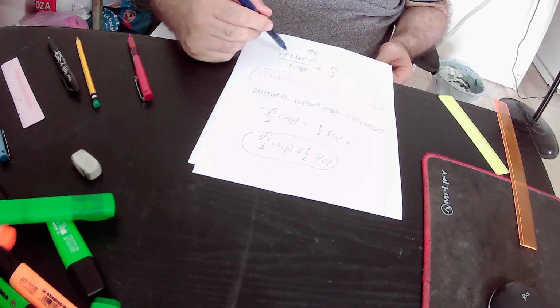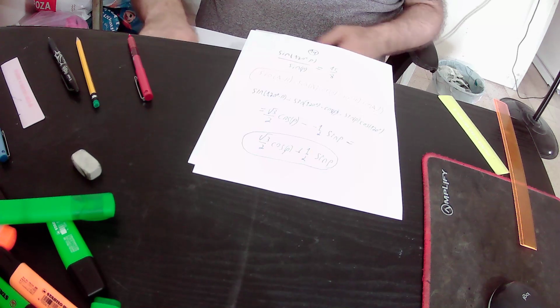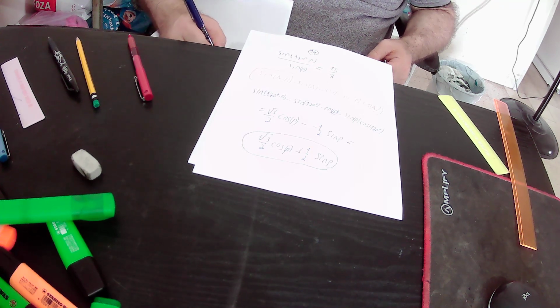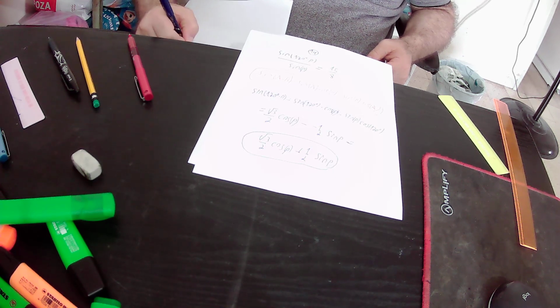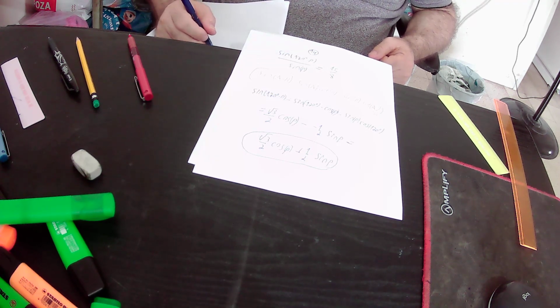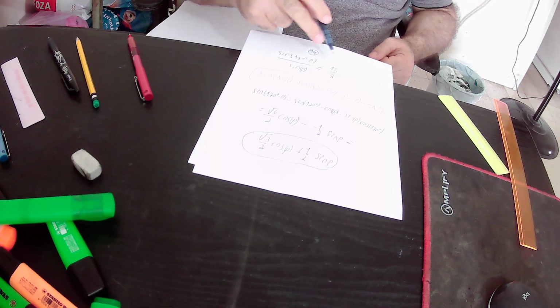And we will get that root 3 over 2 times cosine p plus 1 over 2 times sine p, over sine p, equals 15 over 8.